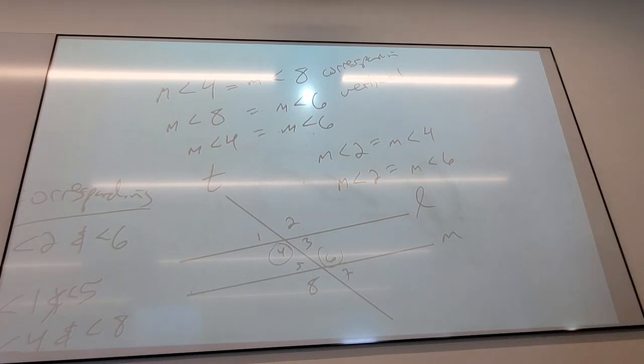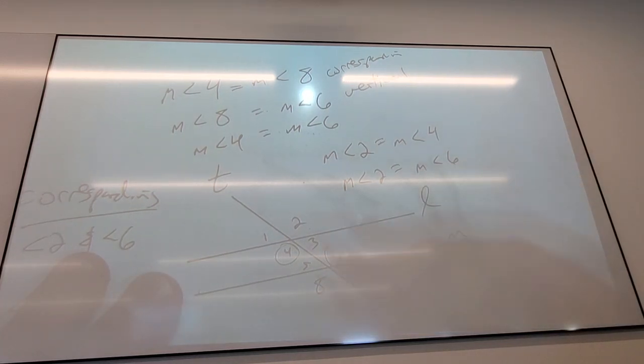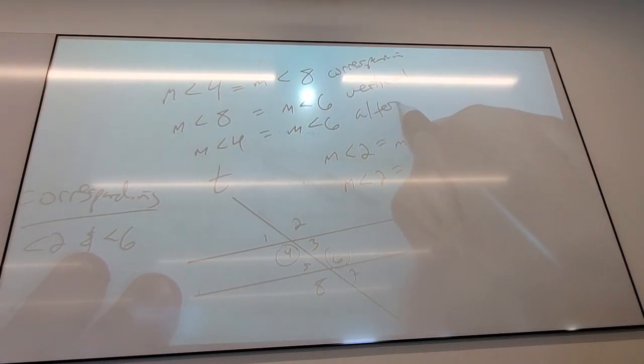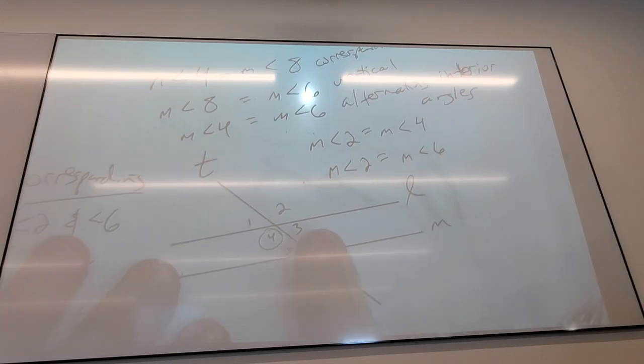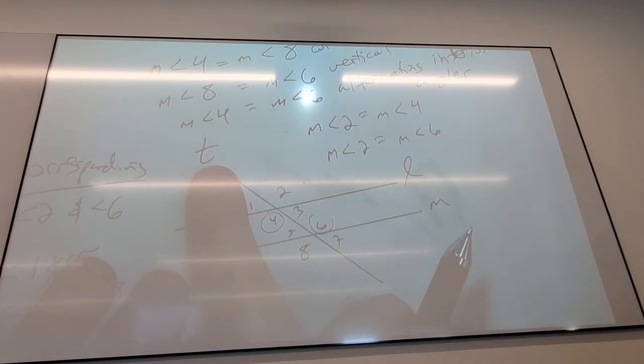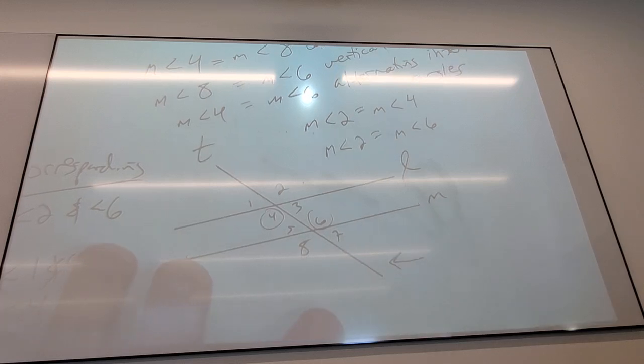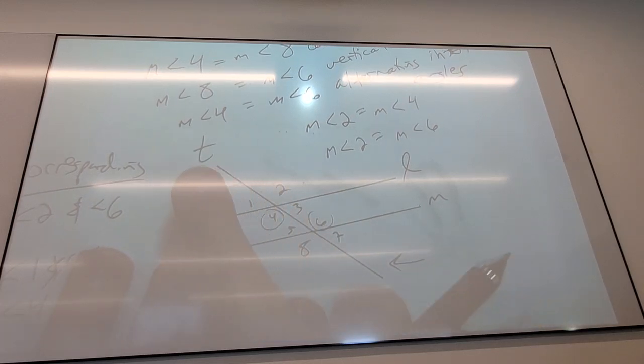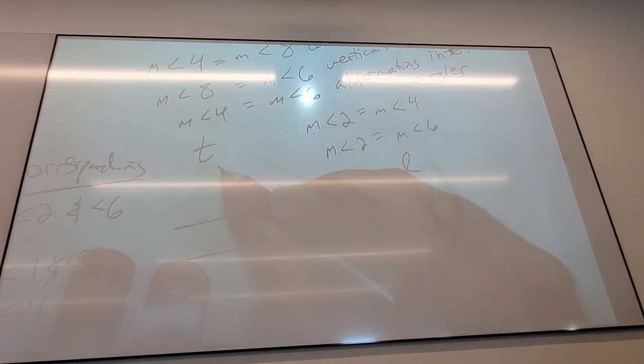So whenever I have, and by the way, I labeled this T for a reason. And I said this word earlier today. Does anybody know what the name of this line is that comes in and runs over my two parallel lines?